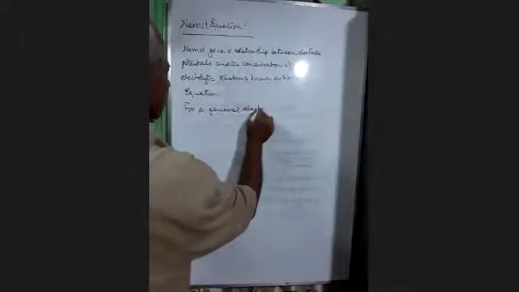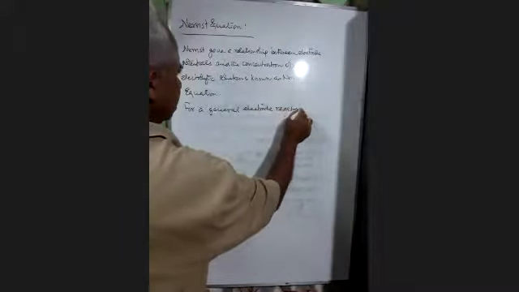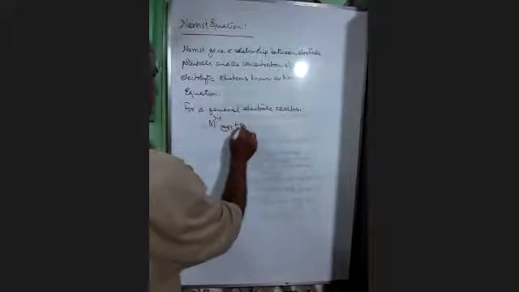See, for a general electrode, it may be any of these, cathode or anode. For a general electrode reduction, we know Mn plus aqueous takes n electrons and it becomes a metal.